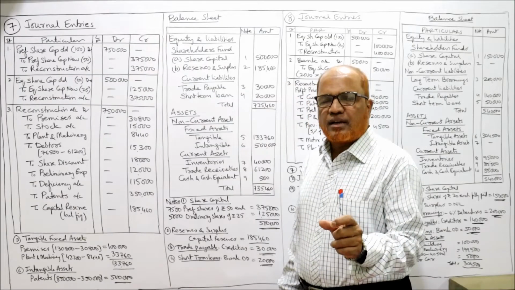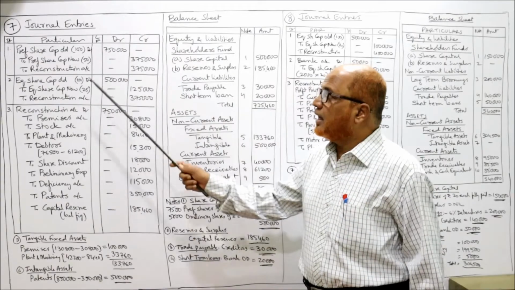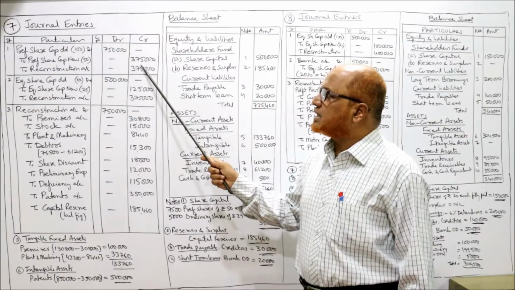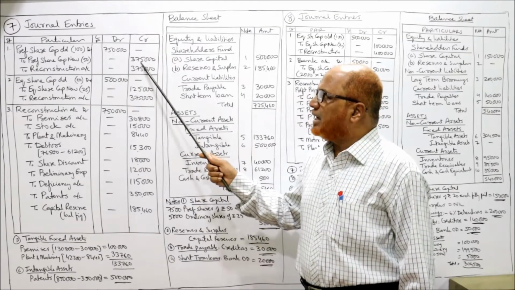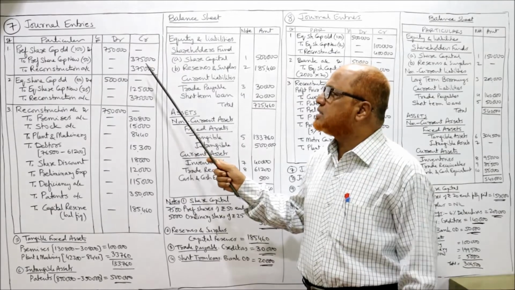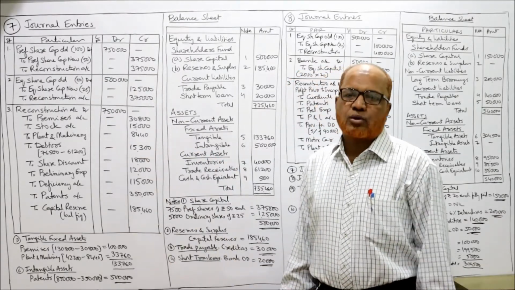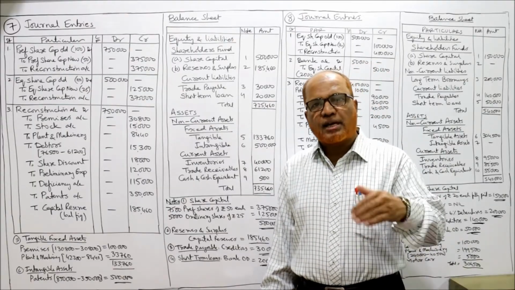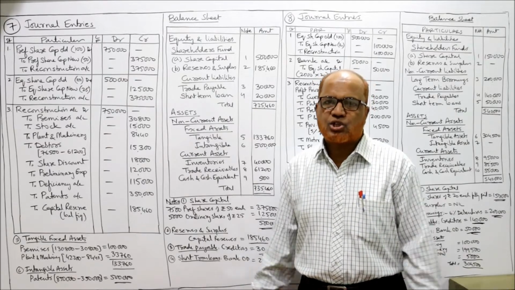Earlier there were 7,500 shares, even now it is 7,500. The 100 rupees has become 50 rupees. New preference share 50 rupees. So 7,500 into 50, 3,75,000. So remaining, 7,50,000 minus 3,75,000, remaining balance 3,75,000, that is transferred to reconstruction account. Explanation, narration: being the old preference share capital cancelled and new preference shares issued as per the reconstruction scheme.